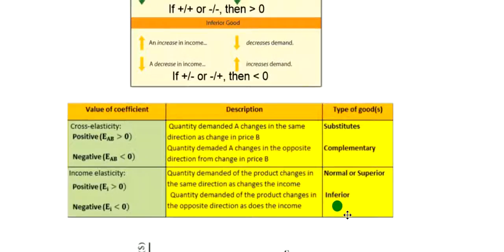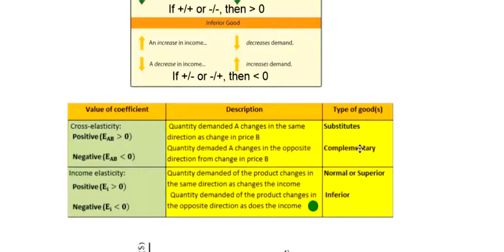That means they're inferior goods. So we know they're inferior because of this right here, and they're moving in opposite directions. In other words, as income goes up, quantity demanded is going to go down. As income goes down, quantity demanded is going to go up.